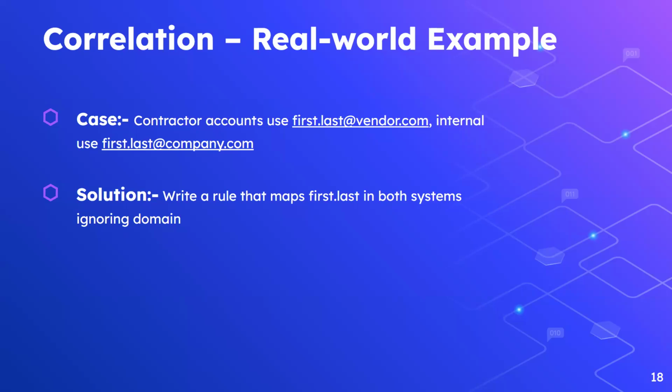Like, basically, if my name is Rafi.Chowdhury at vendor.com in my contractor account, and in the company it's Rafi.Chowdhury at company.com, you're gonna write a rule that says that if Rafi.Chowdhury is the same here and there, and the domain is different, then ignore that and consider them the same. Is that what you're saying? Correct. Okay.